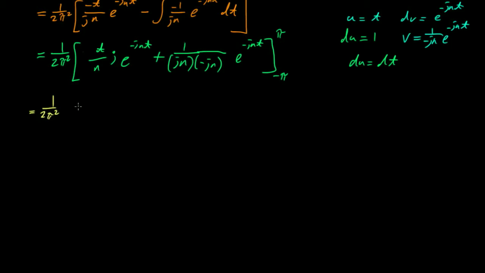So that is times negative t times jn plus e to the minus jnt, minus... Okay, that's just factoring. jn squared.